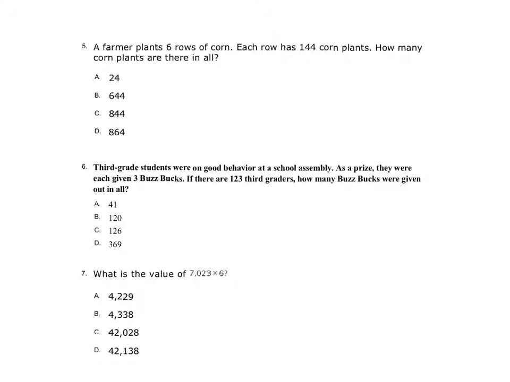Alright, so our important information is 6 rows of corn. And it says each row has 144 corn plants.